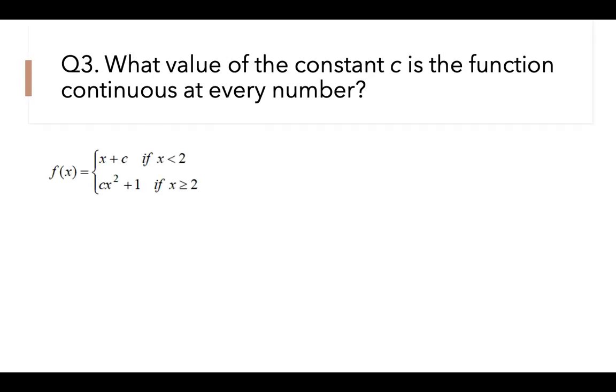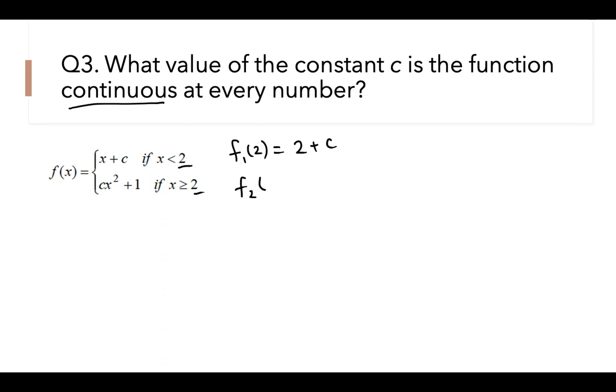Question 3. What value of the constant c will make this function continuous? Again, identify that they share the same domain boundary of 2. What I'm going to do is plug 2 into the first formula, so it's going to be 2 plus c.